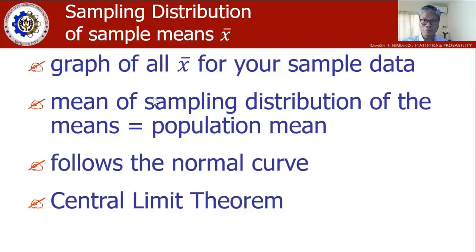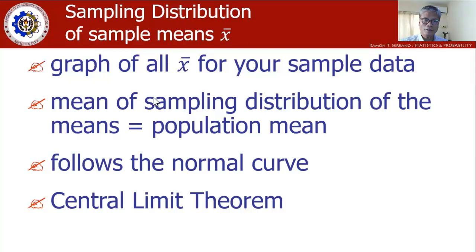Then I'll go to the next room, the next section, I'll get another average height, and then I'll go to the next section until I get all the averages of all sections from grade 6 maybe up to grade 12. Okay, so I'm talking about all the sample means. Get the idea? Not the spread of all the samples, right? So this time around, the graph of all x bars for your sample data is what I'm going to plot.